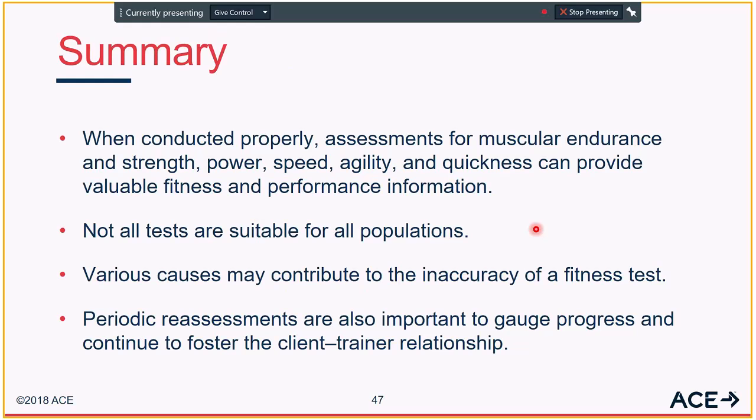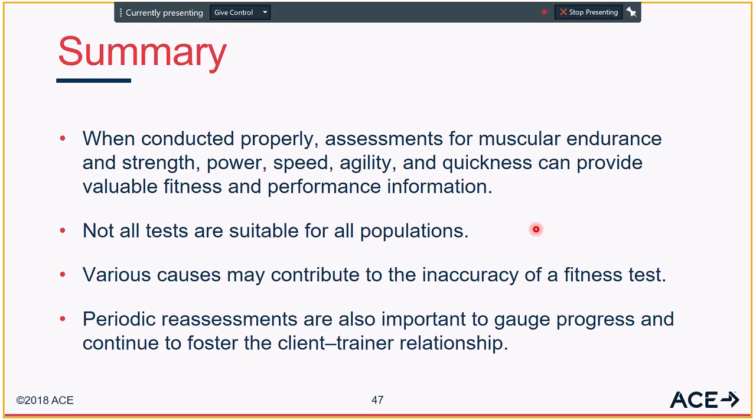So with all of these, ACE won't ask you too many questions. The questions they will ask you is if they'll give you a particular client doing something and ask you if they should terminate the test. Also, they might give you a client profile and say what tests would be the most appropriate for this particular person.